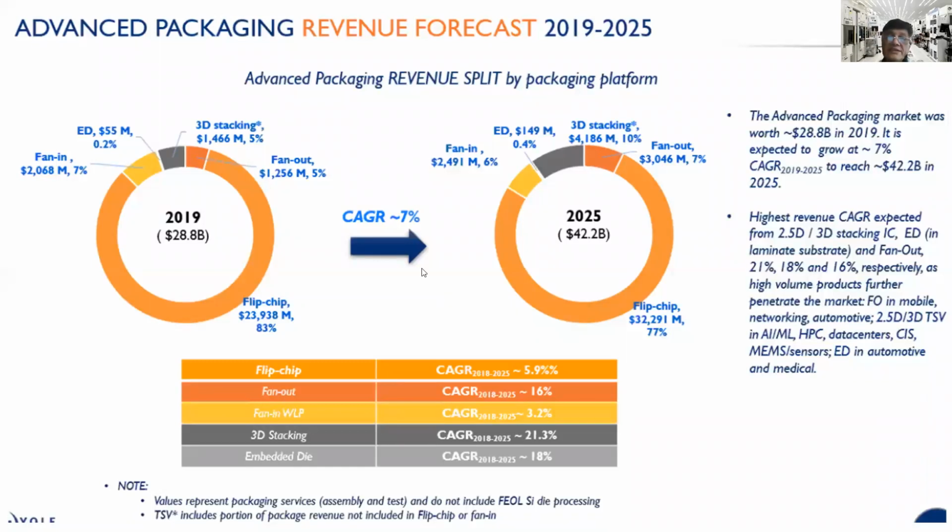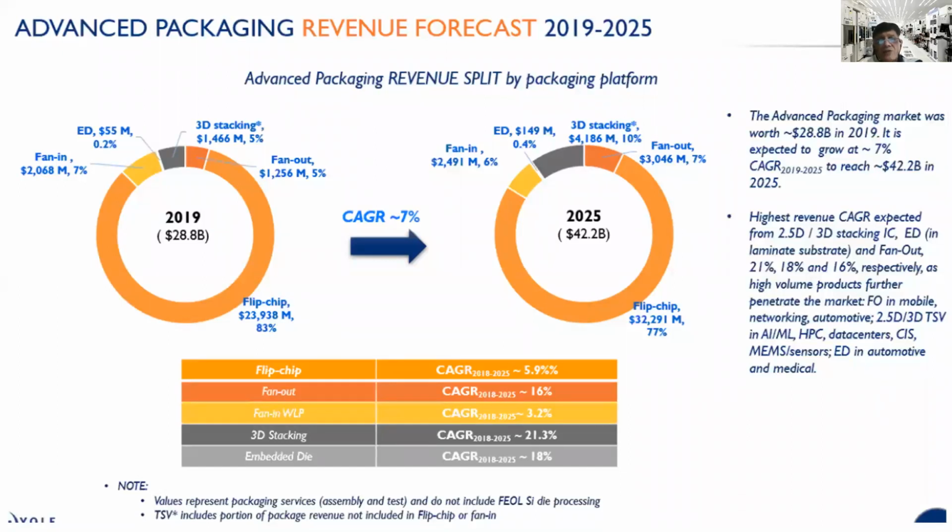And you're seeing the growth sizes here. The wire bond market, the basic packaging market, is almost stagnant, growing barely 2 to 3% a year. If you take a look at the advanced packaging market, it is overall growing at about 7-8%, as shown on this particular slide.